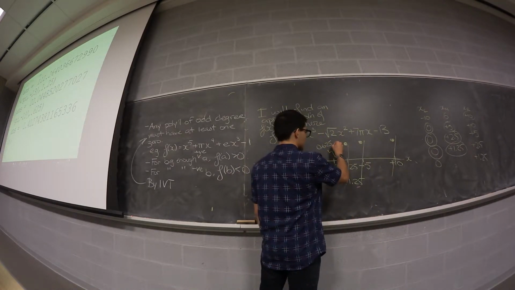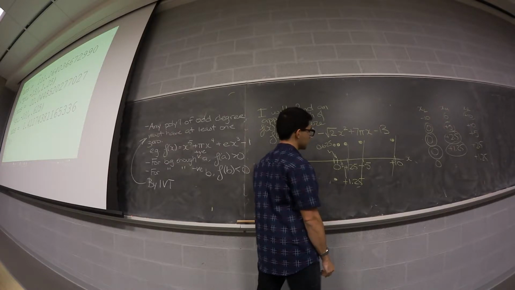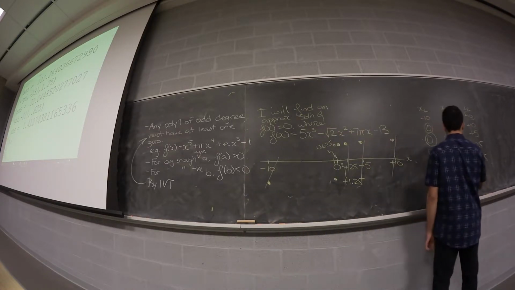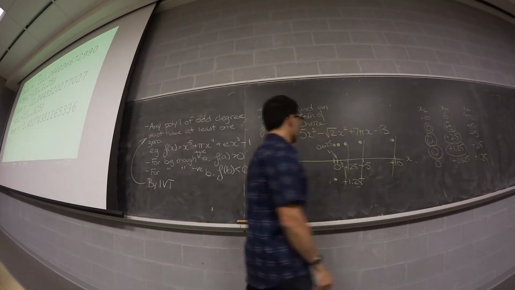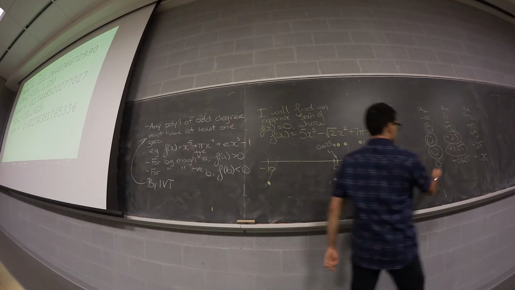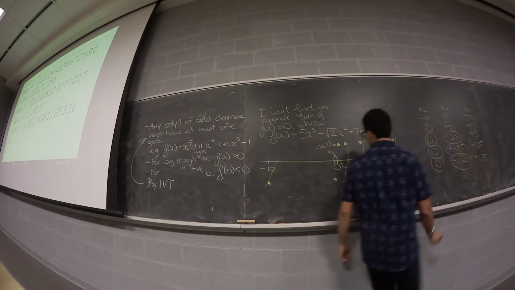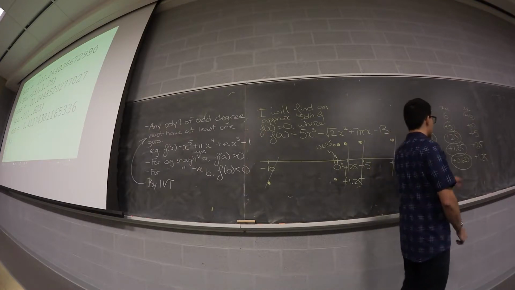I get that positive answer. The sign changes from 0 to 0.625. There you go, so there's got to be a 0 there. And there I'll stop, because it's getting ridiculous.